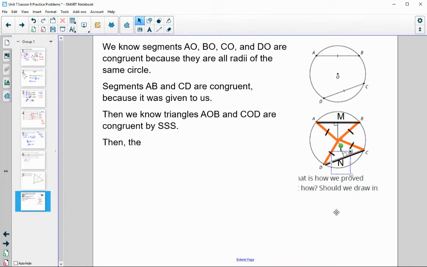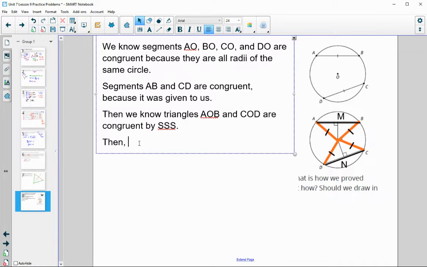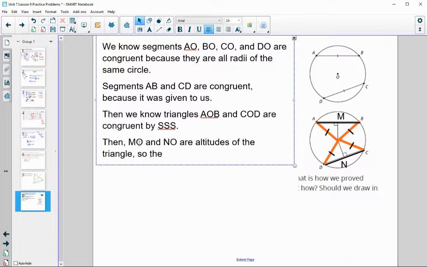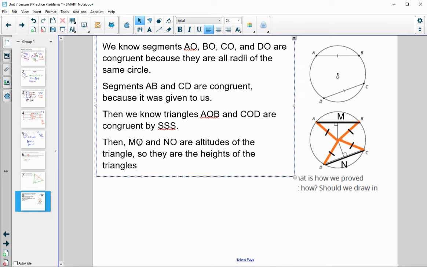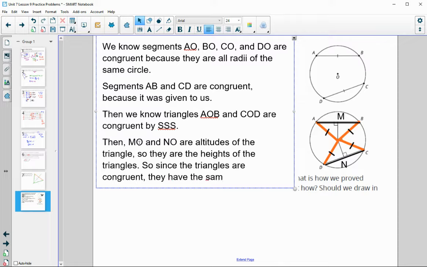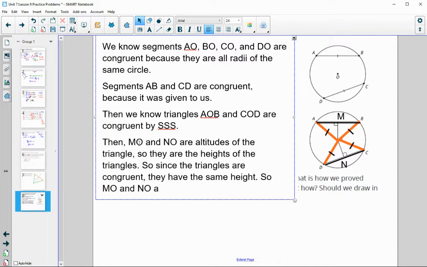So then we can say MO and NO are altitudes of the triangle since they're perpendicular. So they are the heights of the triangle because of that 90-degree angle. So since the triangles are congruent, they have the same height. So then those two segments must be equal.